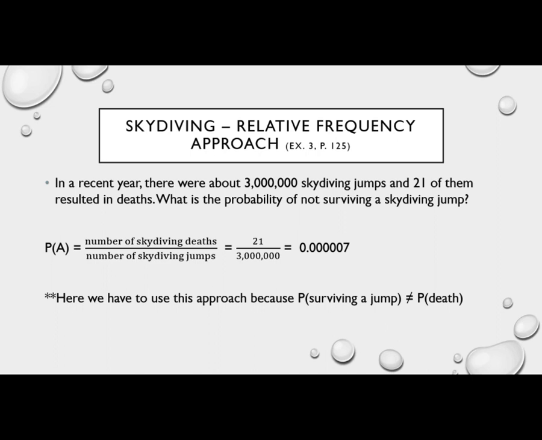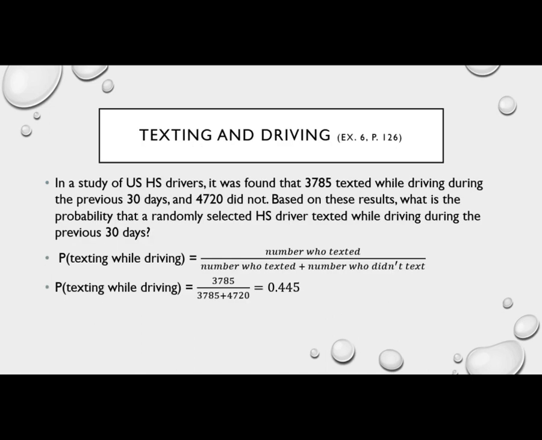So we have the probability of A, which is not surviving a skydiving jump, which is 21, so those are the deaths, over the number of skydiving jumps in total. So that is 0.000007. So here we have to use this approach because the probability of surviving a jump is not equal to the probability of death.